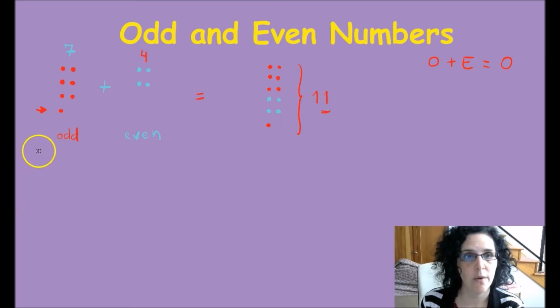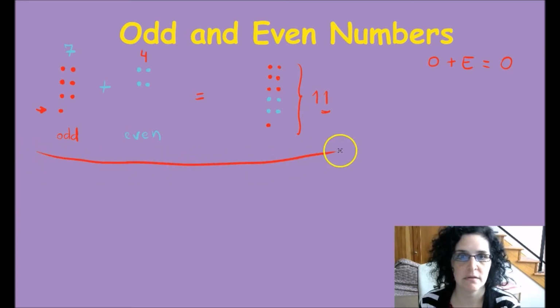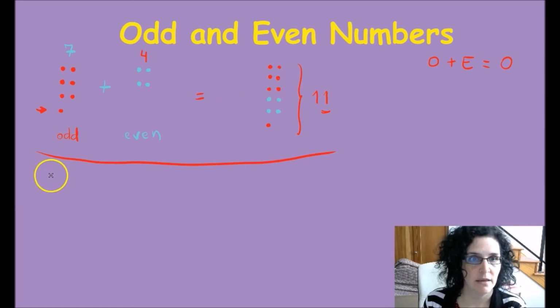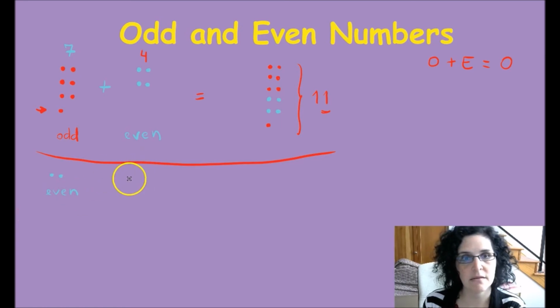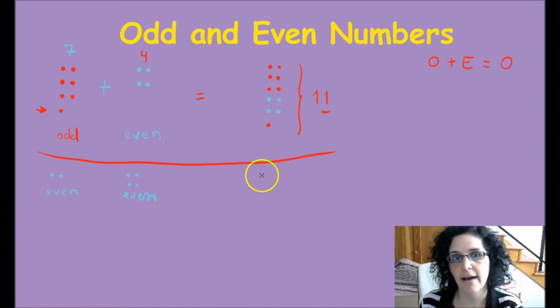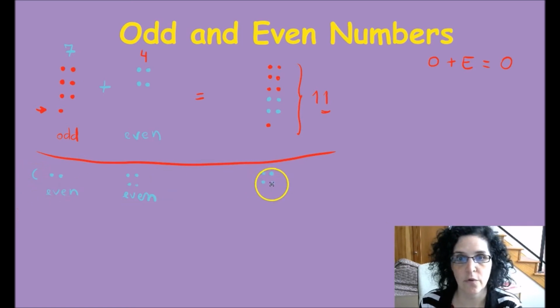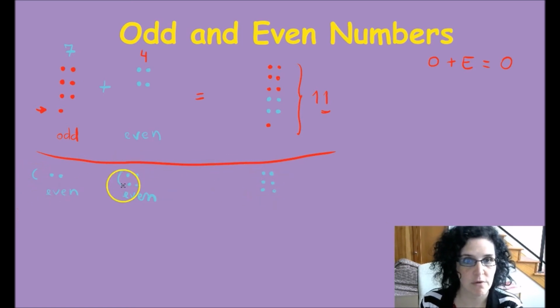Okay? Now what if it was even plus even? Let's try that. Even plus, let's say 4 again. Even plus even. What we have here is the 2 from this one, and the 4 from this one.